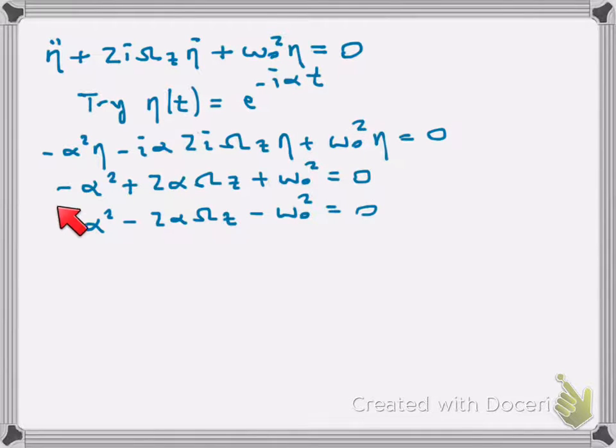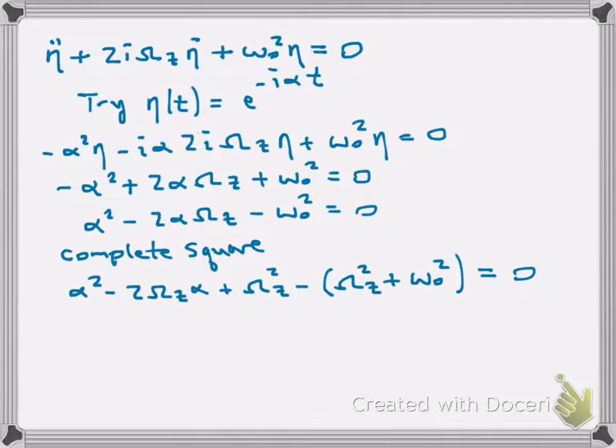First, let me just multiply by minus 1. So minus alpha squared goes to alpha squared, plus goes to minus, and plus goes to minus. And so now I've got this characteristic equation, and I want to complete the square here. So completing the square, I get alpha squared minus 2 omega z alpha plus, here I'm adding in plus omega z squared to complete this square, right?